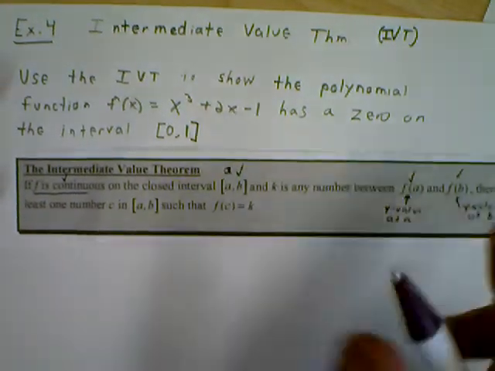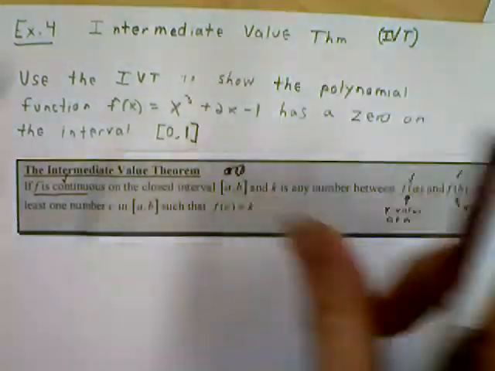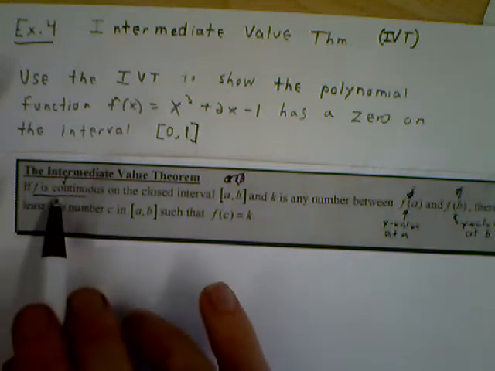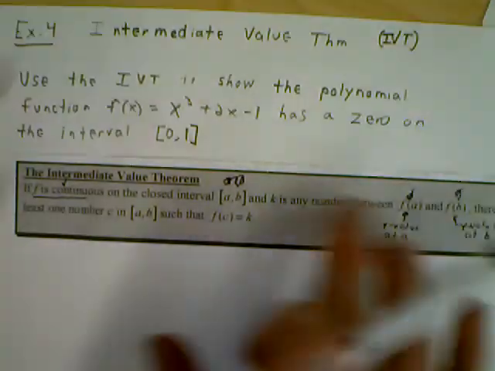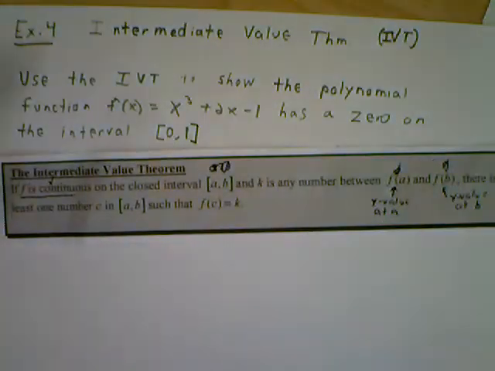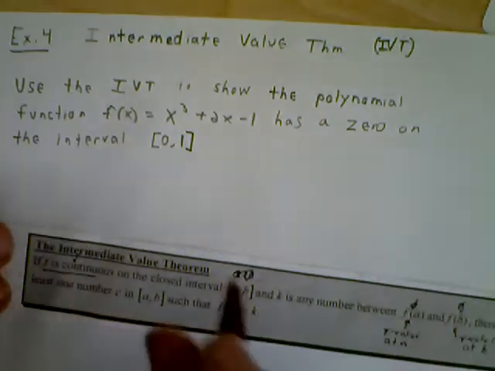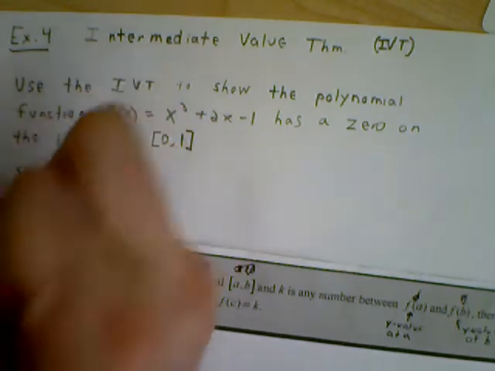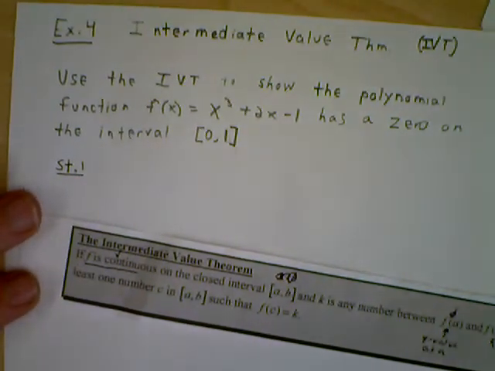Let's pull up the intermediate value theorem again. So the first thing we've got to do is show that f is continuous. In general, these are going to be the steps for the intermediate value theorem.